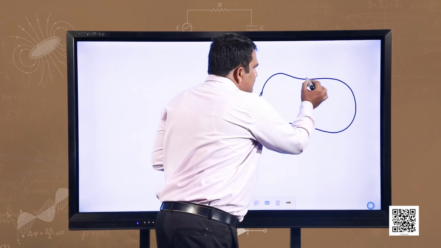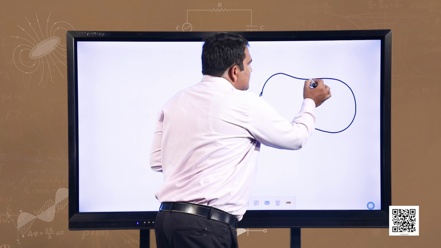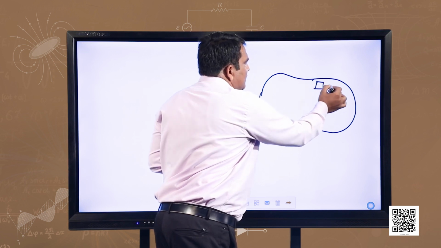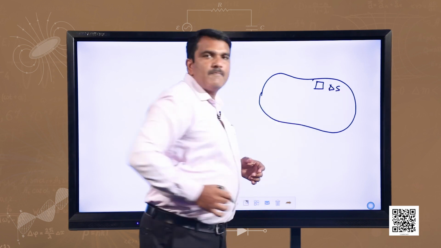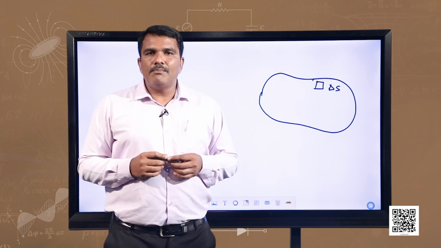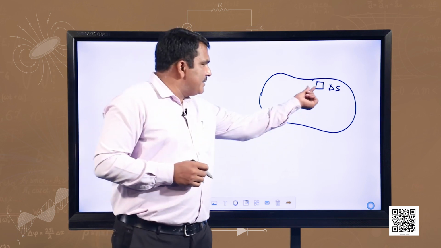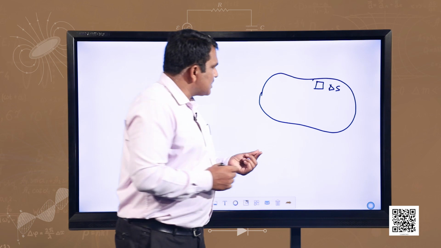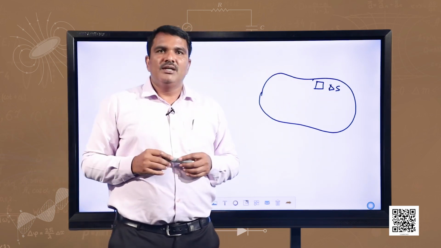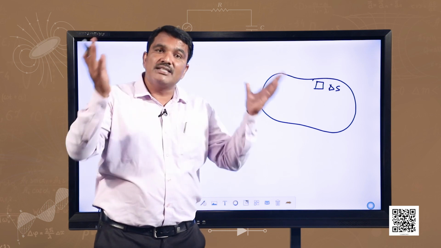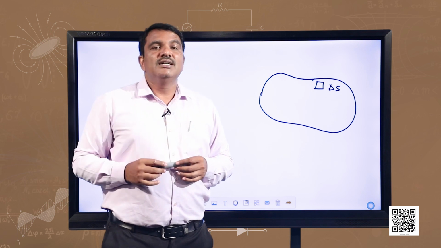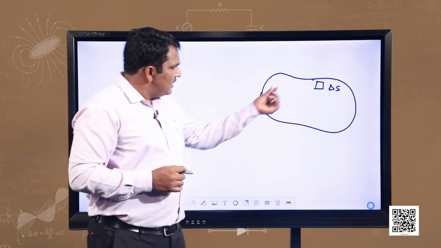We can cut a small area element delta S from this surface of this charged conductor, which is very small on macroscopic scale. This area element is very small as compared to the size of this conductor, but big enough to include a very large number of electrons and specify the charge delta Q on it.